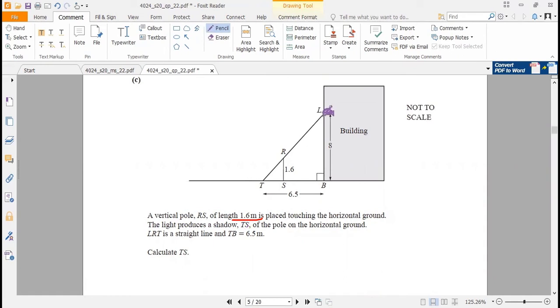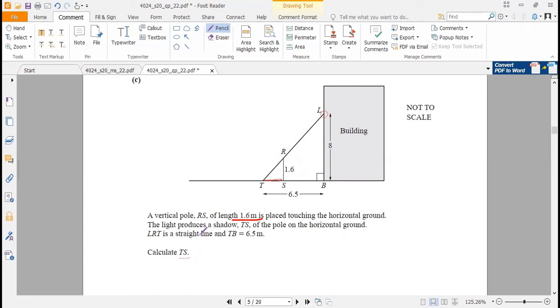This is the light, and this is the shadow of the pole on the horizontal ground. LRT is a straight line, and TB is equal to 6.5. Now we have to find TS.